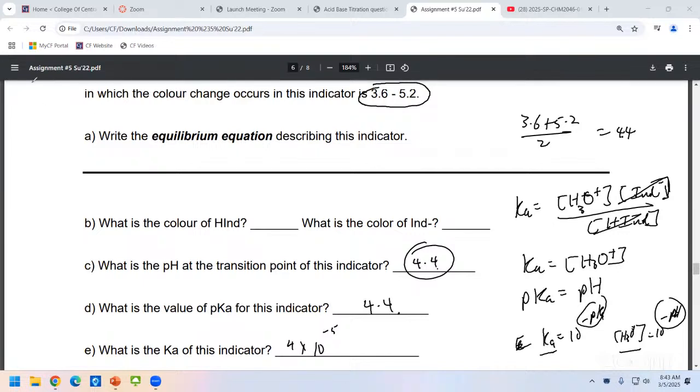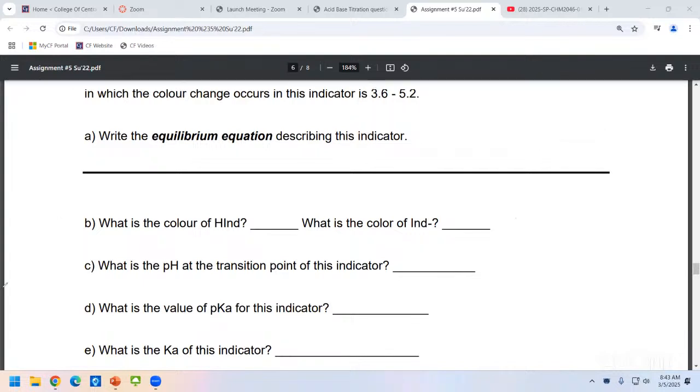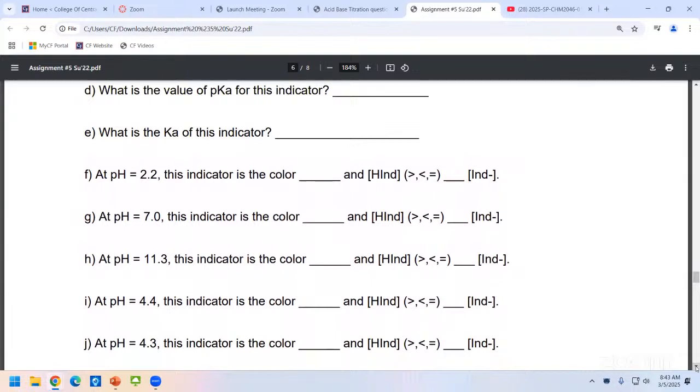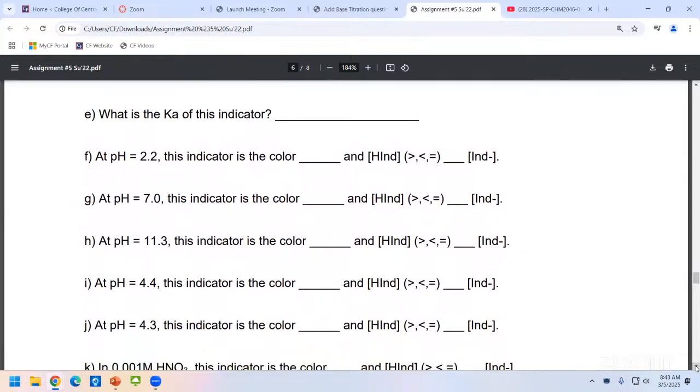Okay, let me clear this because I need to scroll down. Okay, now for this one, can somebody remind me, I don't want to scroll back up. Can somebody remind me what the pH range is? 3.6 to 5.2, okay.